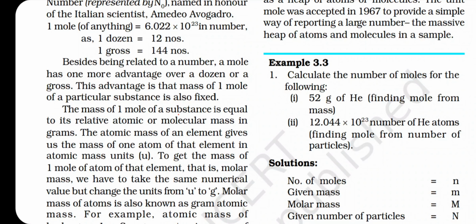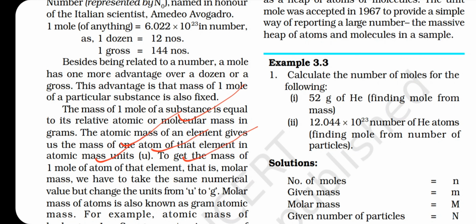Besides relating to the number, the mole has 1 more advantage over the dozen and gross. The mass of 1 mole of a particular substance is also fixed. So the mass of 1 mole of a substance is equal to its relative atomic or molecular mass in gram. The atomic mass of an element gives us the mass of 1 atom of the element in atomic mass unit.